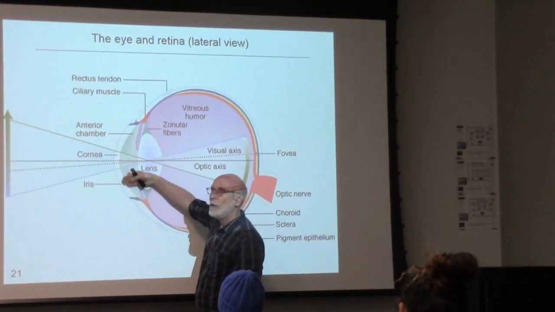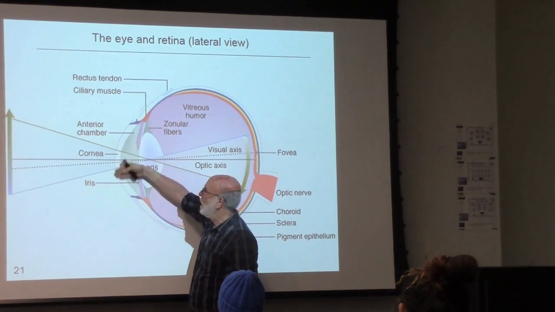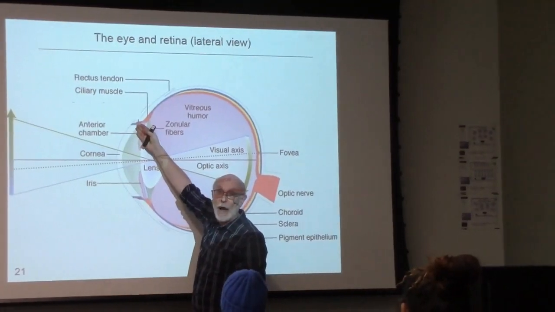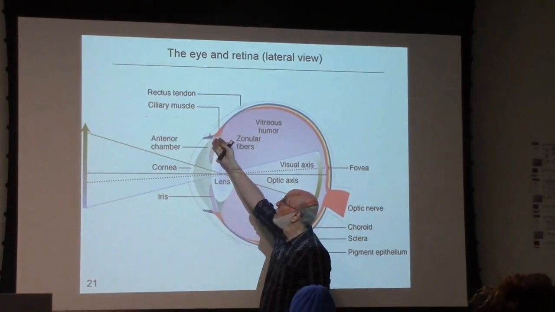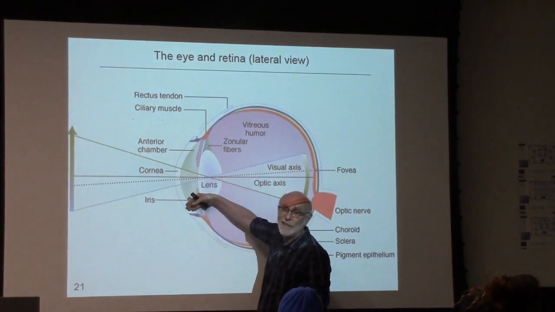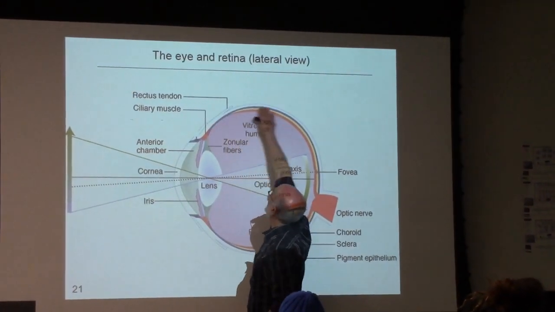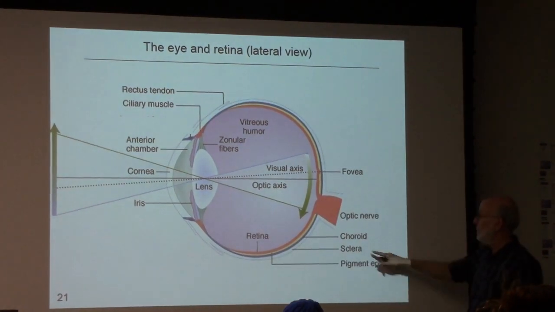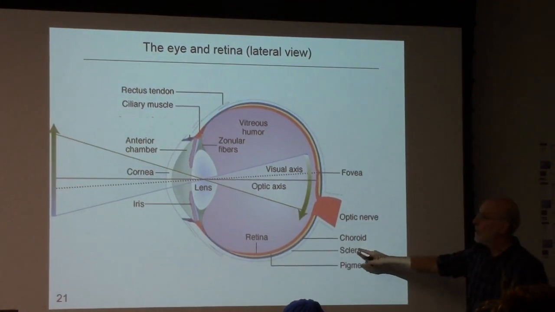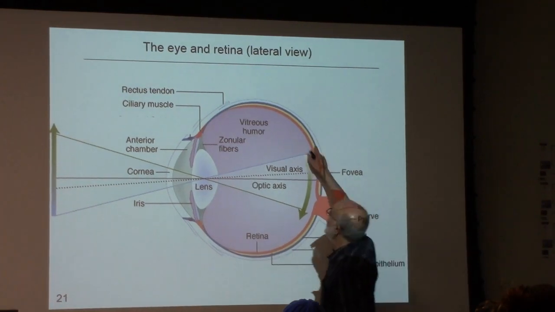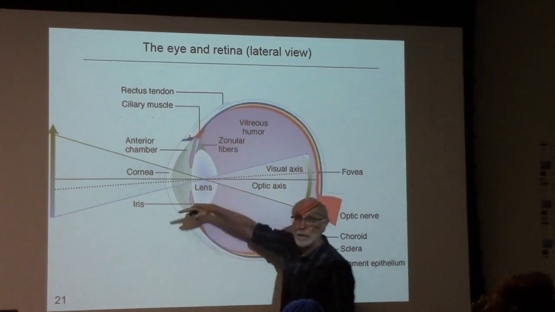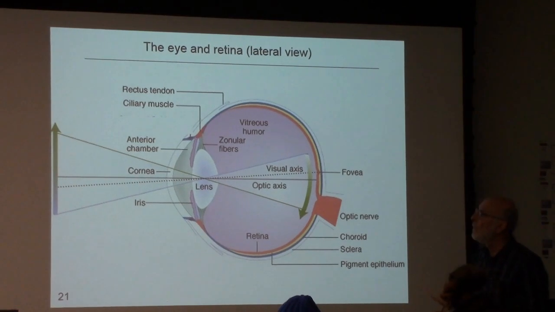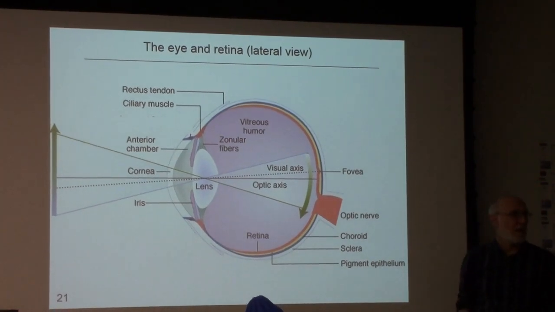The clear layer on the outside of the eye is called the cornea, and the white layer on the rest of the eye is called the sclera. Sclera, cornea. The cornea is transparent, the sclera is not.